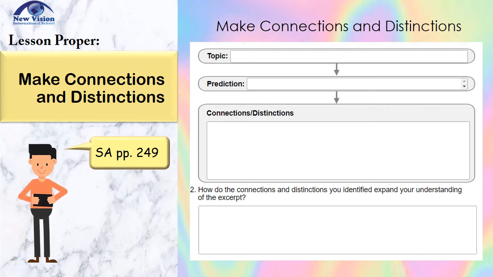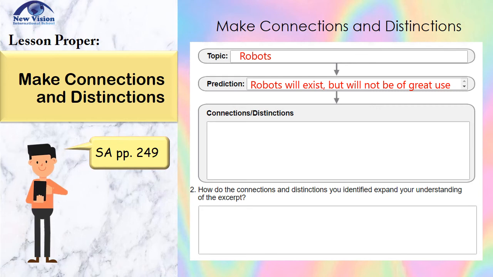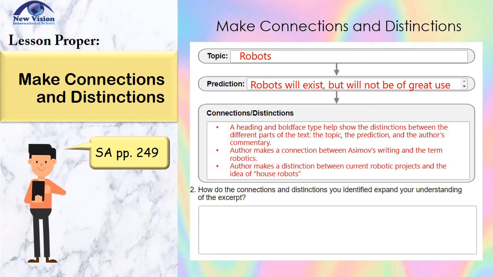Number 2. How do the connections and distinctions you identified expand your understanding of the excerpt? Here are some possible answers. Topic: robots. Prediction: robots will exist, but will not be of great use. Connections and distinctions.